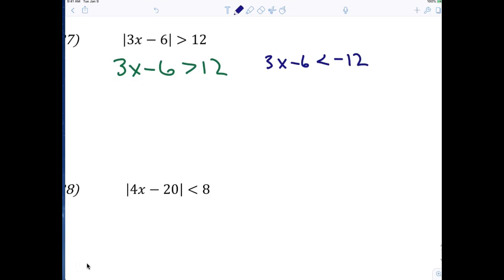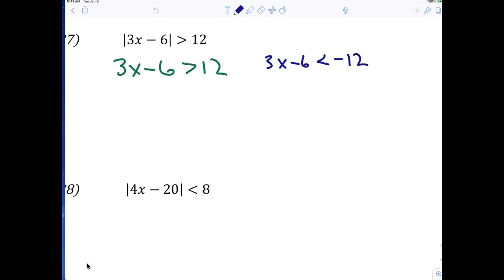So please make yourself a note when you're studying: absolute value inequalities require two equations. The first thing you do is write it exactly the way it is without the absolute value. Then you rewrite it without the absolute value, but you change the sign. Now it's just a matter of solving this thing out.